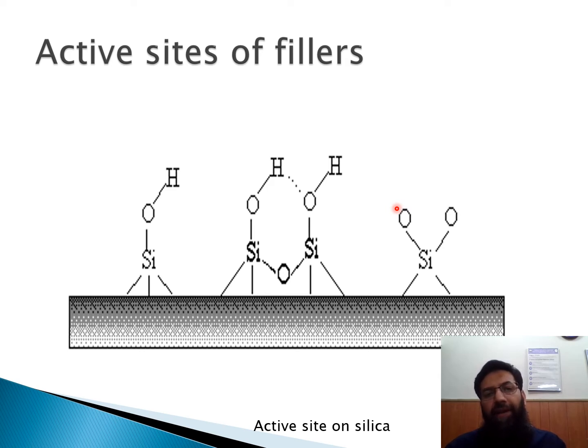And in fact, the presence of the hydroxyl group is very tricky, because hydroxyl groups can interact with each other to make hydrogen bonding, and due to this hydrogen bonding we have more interaction of one particle with another particle, and that converts different particles into aggregates and agglomerates.